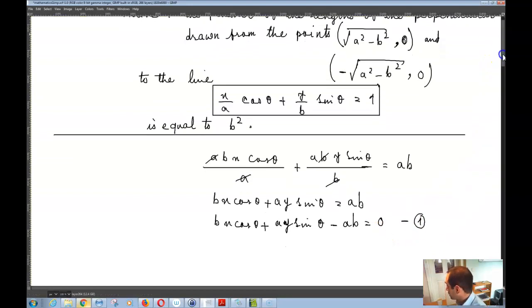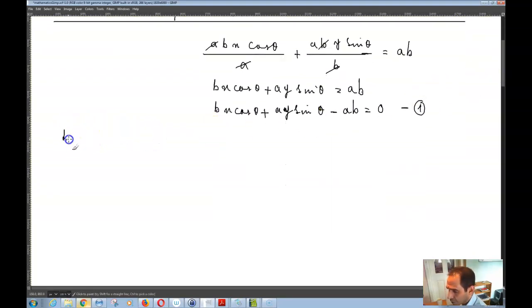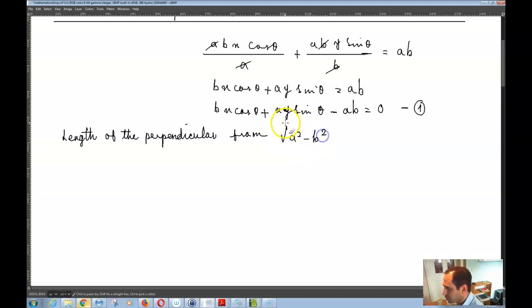Now the length of the perpendicular from the point square root of a squared minus b squared comma 0 to this line, to the line 1, is what they have called P1, and I would call it the same thing.